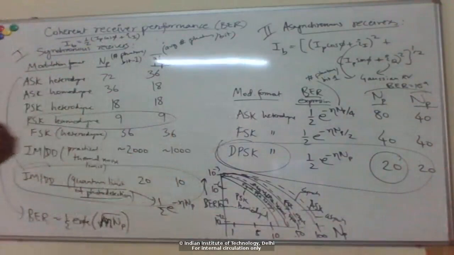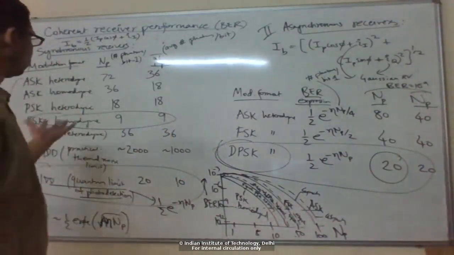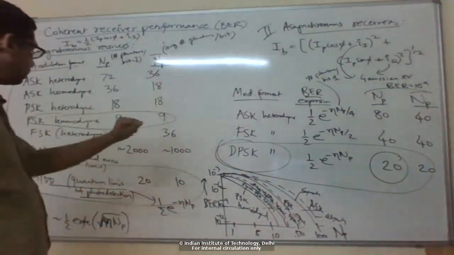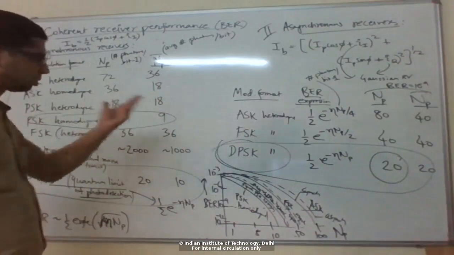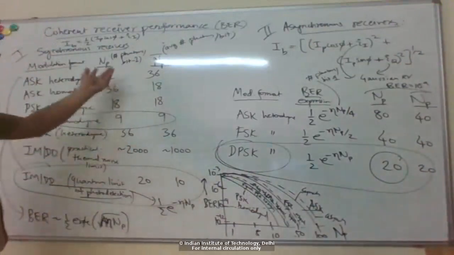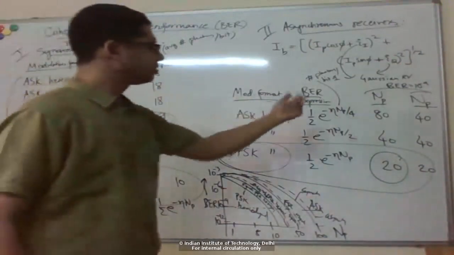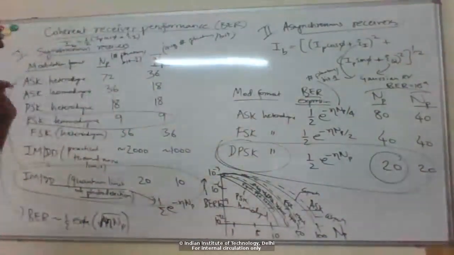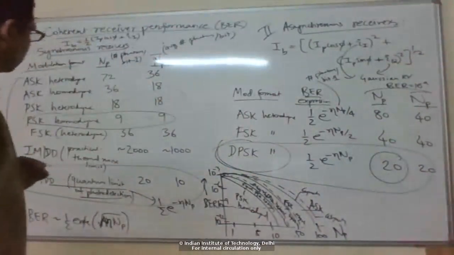Okay, so now, just like in the IMDD case, we got these sensitivities depending on the noise at the receiver. Similarly, here also, the sensitivities we have computed only consider the noise at the receiver.